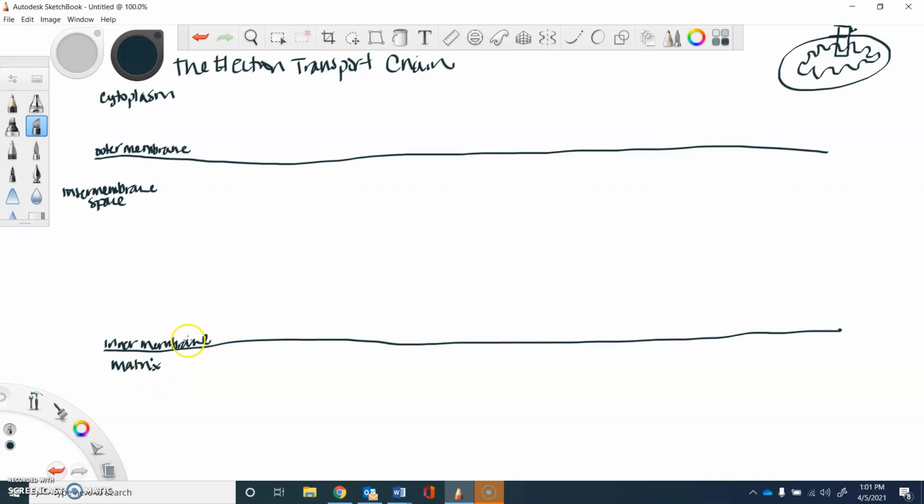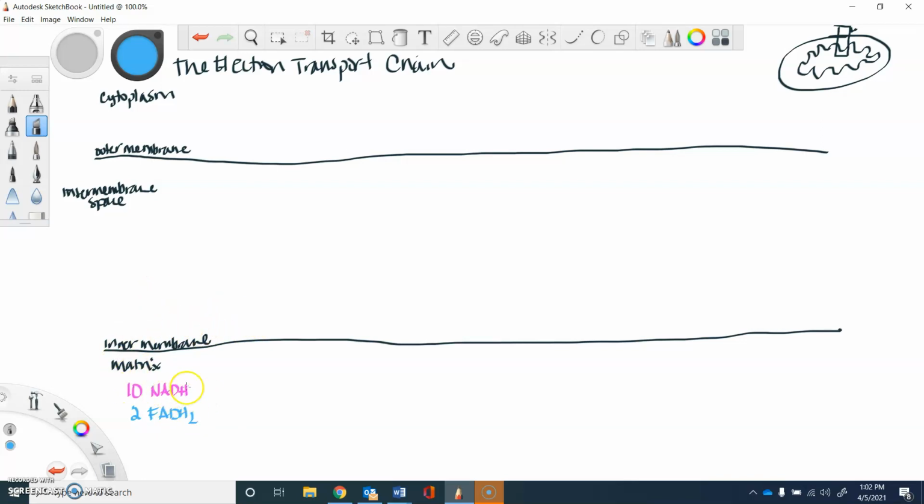Now, we have a whole lot of electron carriers that we got from glycolysis and the Krebs cycle. And in fact, we ended up with 10 NADHs and 2 FADH2s.